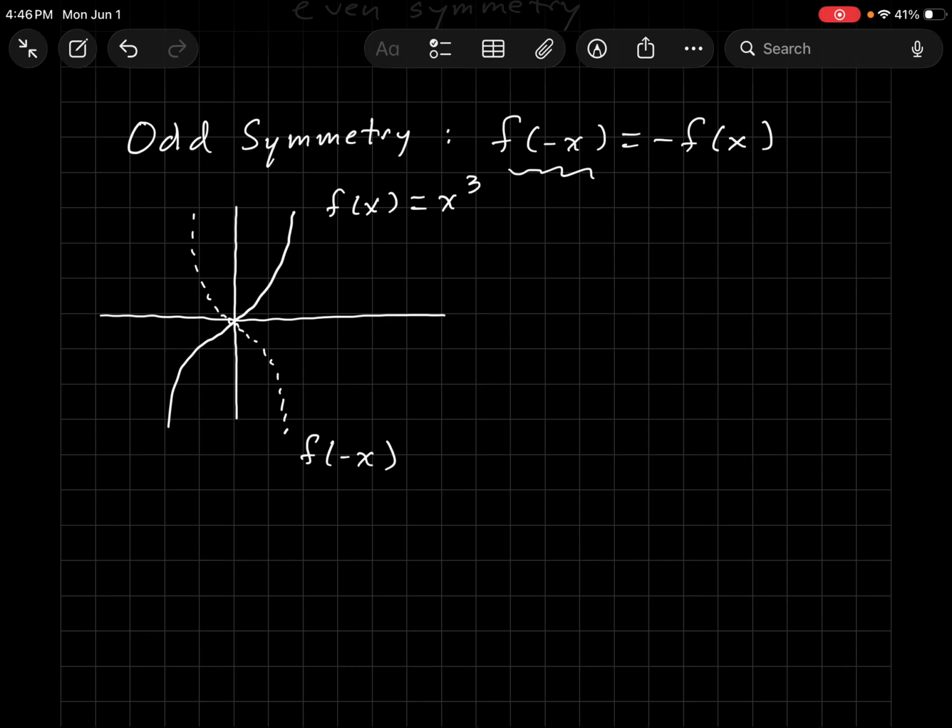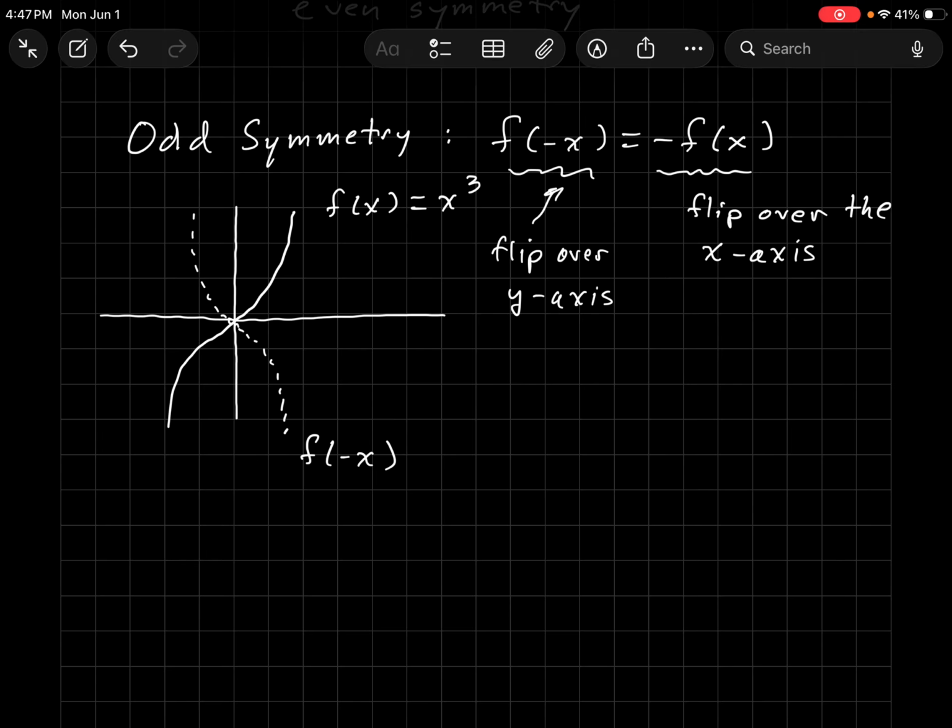For odd symmetry, f of negative x needs to equal the negative of the original function. And the negative of the function is flipping over the x-axis. So this first one flipped over the y. And then the negative f of x flips over the x-axis.